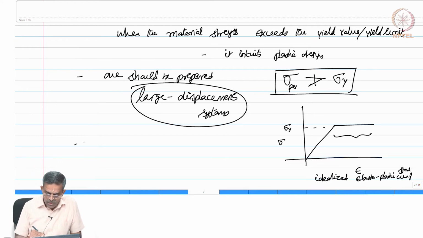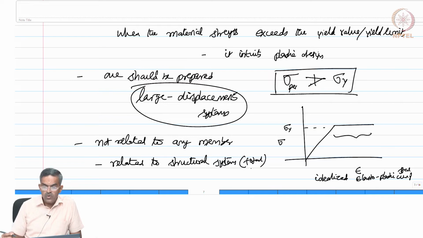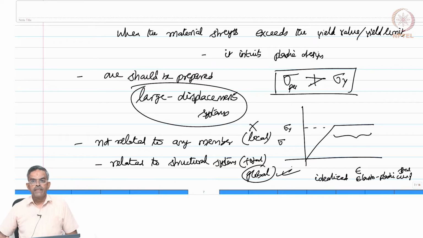It is not related to any member individually, it is related to the structural system in total. So, we are not talking about any local deformations, we are talking about all the time global displacements.